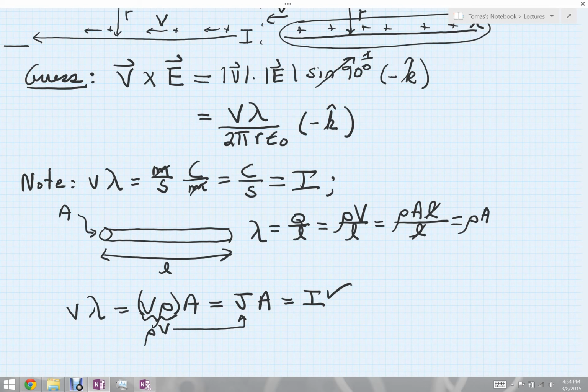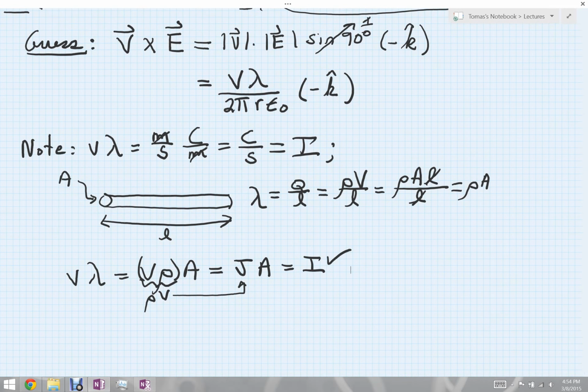So now I think we can put things together. What we've just learned from all of this is that when we did v cross E, what we really got was this v lambda, which we've now proved is I. That gave me I over 2 pi r epsilon naught times minus k hat.